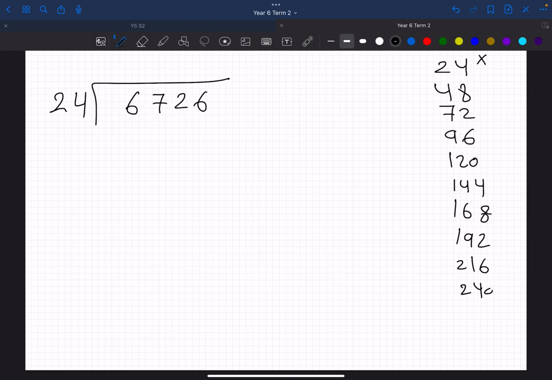This is if I multiply 24 by 1, by 2, by 3, by 4, by 5, by 6, by 7, by 8, by 9, and by 10.